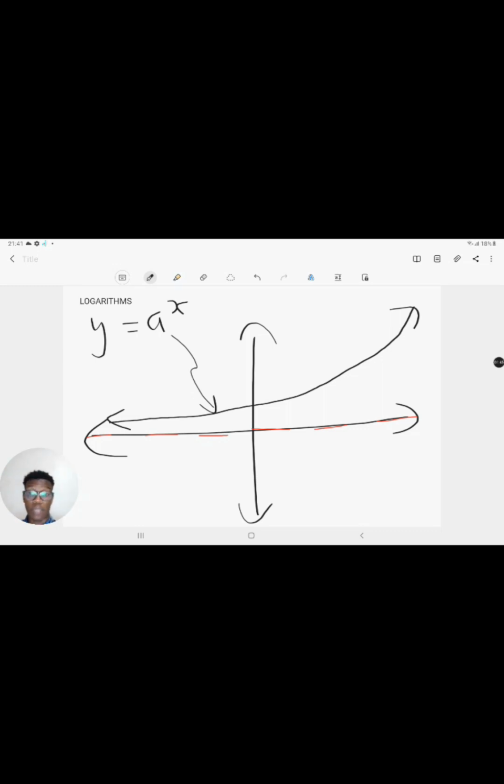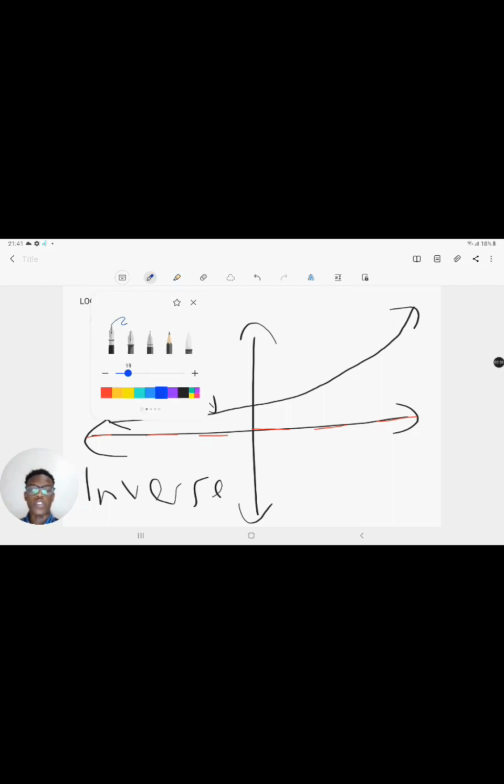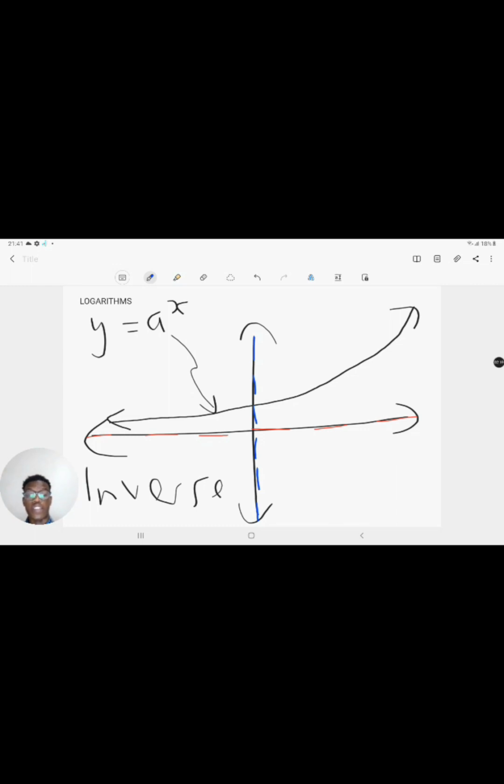Well, remember in a separate video we covered inverse functions, including the inverse function of an exponential. We established that the asymptote of the inverse is the y-axis.